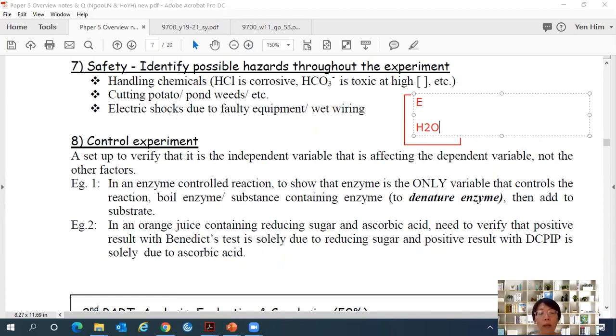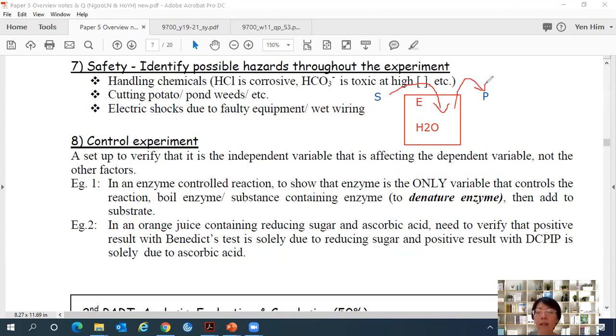So when you do experiment and you get your result, I know that we've got an enzyme and water, and I add a substrate into it, and then I will get product out from it. That's what I expect in my experiment. So I put substrate into this, and when I've got enzyme and water, I will get the product.